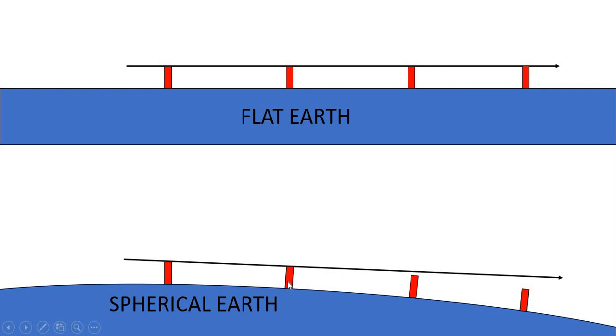But this object does not have to be exactly in the middle in order to make such an observation. The observation that this object here is lower in our line of view than the top of the bridge tower can be made wherever you place the bridge tower, apart from very, very close to either end.